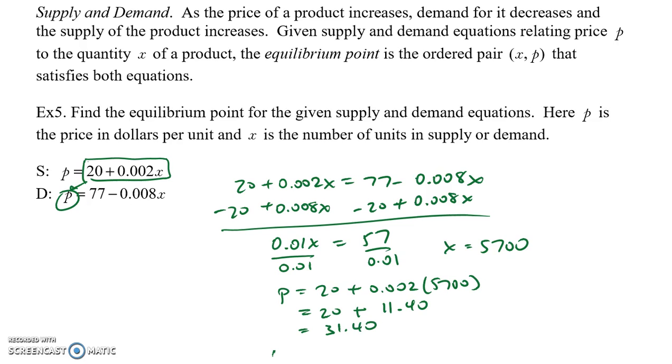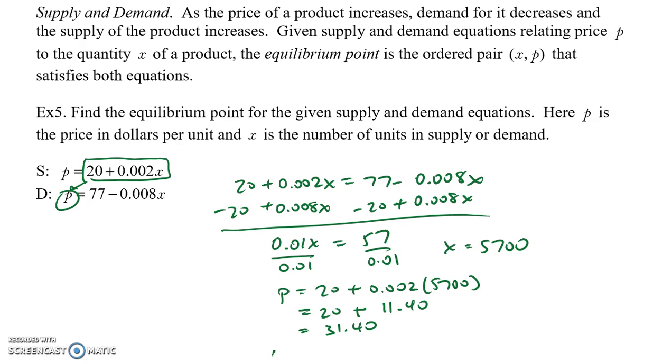So that's suggesting that when the amount supplied and demanded is set at 5,700 units, then we would be using a price of $31.40. I guess a better way to say it would be if the price were set at $31.40, then the amount supplied and the amount demanded would be in equilibrium, and that equilibrium quantity would be 5,700 units of whatever commodity you happen to be dealing with in this situation.